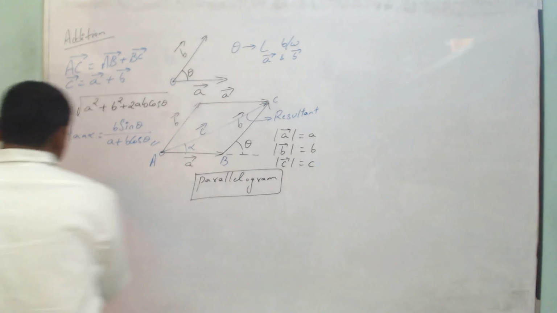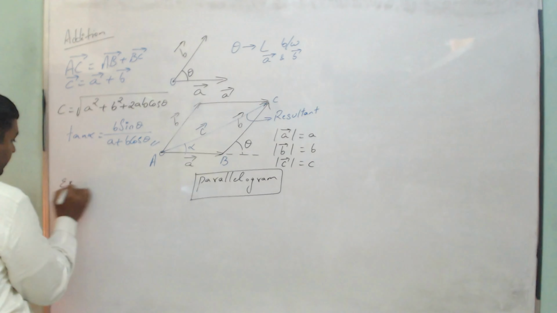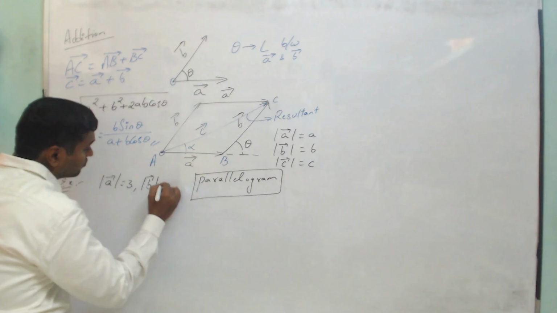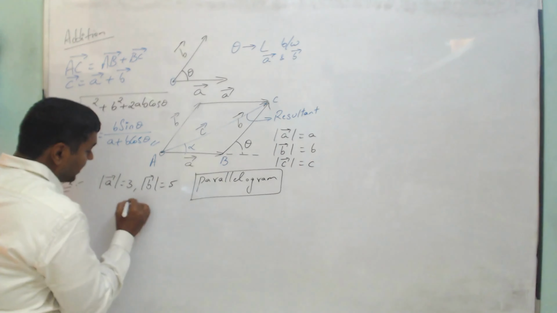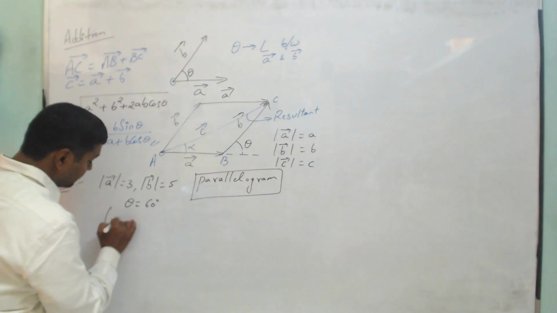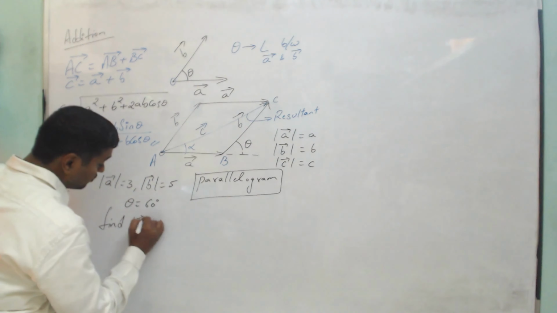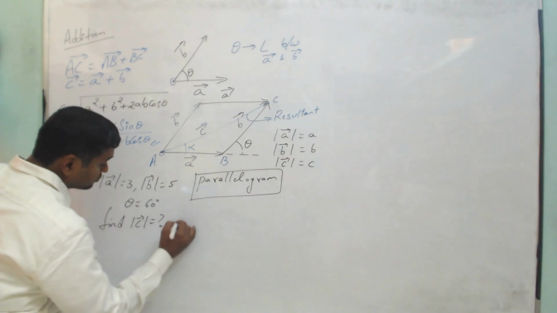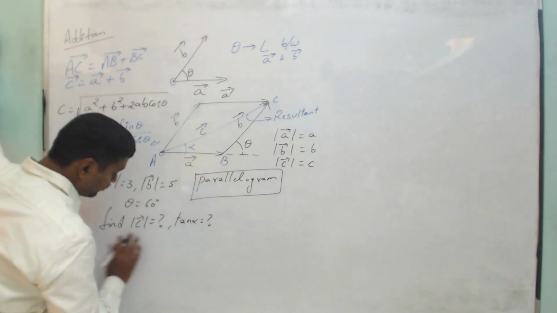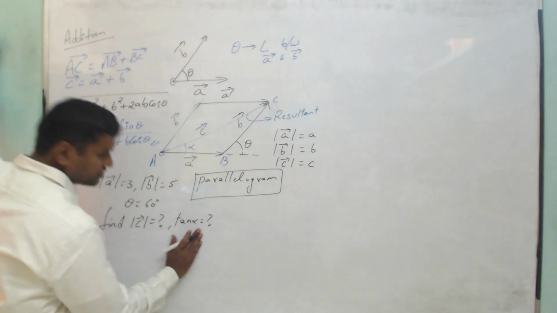For example, if it is given magnitude of A bar is equal to 3 units, magnitude of B bar is equal to 5 units, and the angle theta is given as 60 degrees, then he will say find the magnitude of C bar and also find tan alpha. मतलब magnitude of C पता करो, direction पता करो.